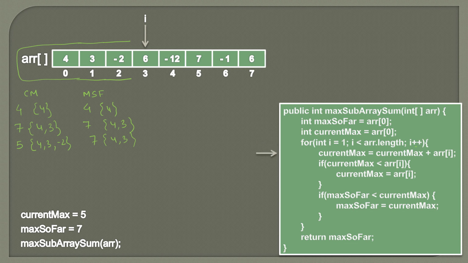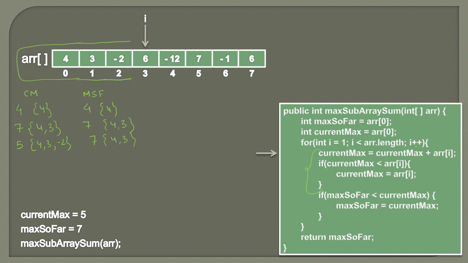So friends, here you can see, as we know, each element asks two questions: whether it should become part of the current subarray by simply adding its value to the current max, or it decides to create its own subarray. This piece of code decides that.